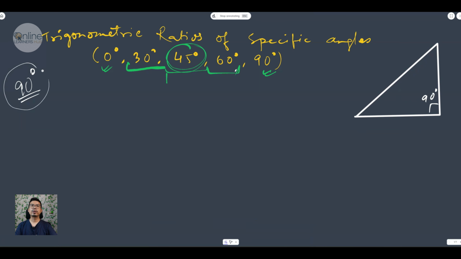According to this, the base angle should also be 90 degree. That means this angle should also be 90 degree. Now can you imagine how that is possible? If this angle becomes 90 degree, how will this triangle look? This hypotenuse needs to go up, right? It will go up like this, and this line will also go up forever, and they will never touch.